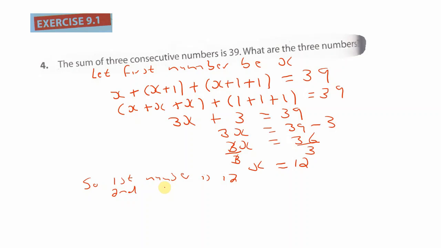Second number is therefore 13. And third number is 14. Let's see. 10, 20, 30, 34, 37, 39. It gives us our solution.